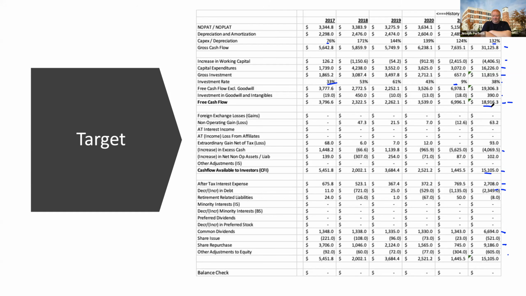Starbucks borrowed a bunch of money to basically pay back the shareholders. Target earned the money and then gave it to shareholders. Their repurchase and dividends are more sustainable. Okay? Target, Starbucks, CFI analysis, 4 sections, questions.